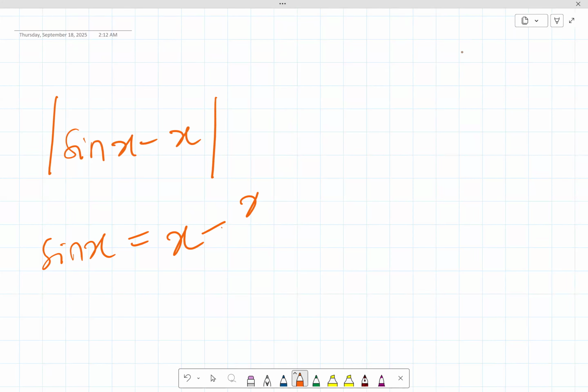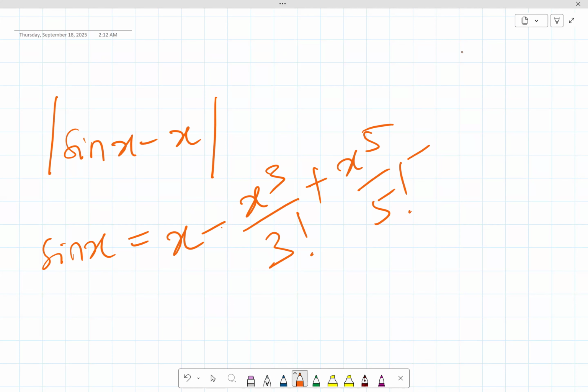So sine x equals x minus x cubed over 3 factorial plus x raised to power 5 over 5 factorial, and so on and so forth. The next one should be x raised to power 7 over 7 factorial. But if we use this now, sine x minus x means we are subtracting x from here, so this can go.